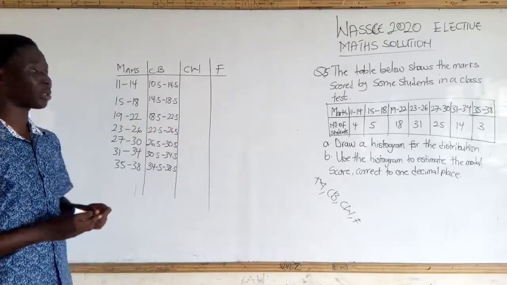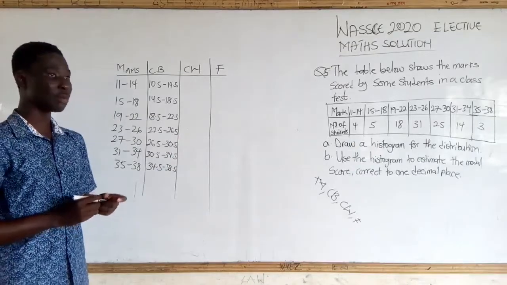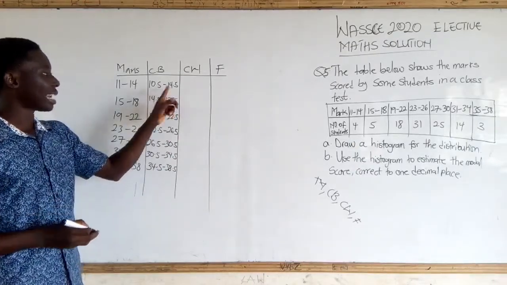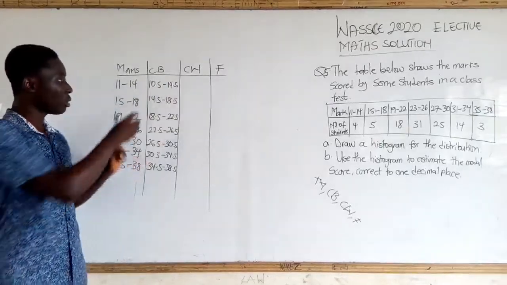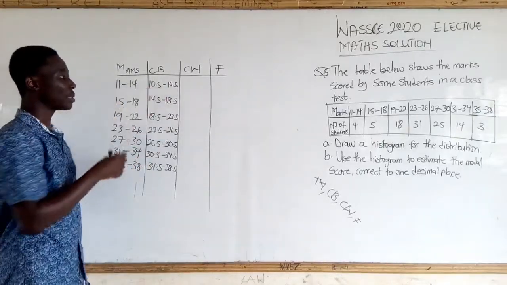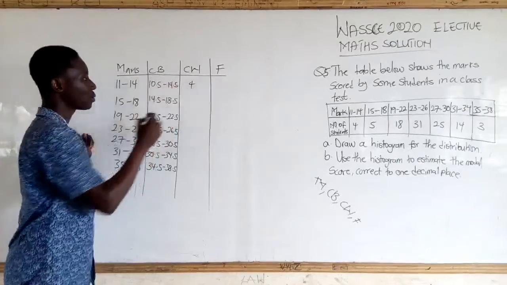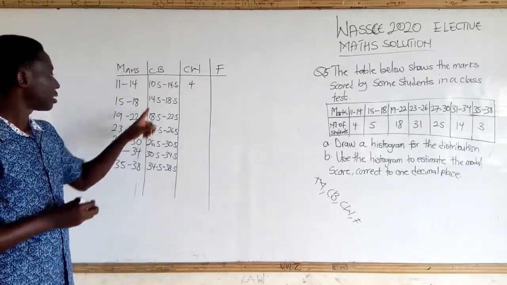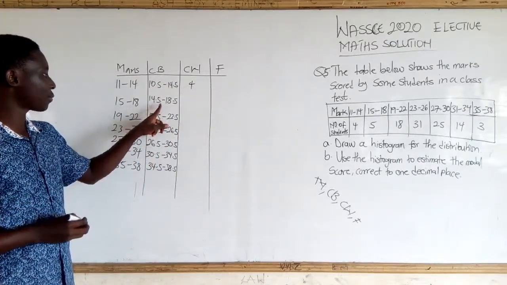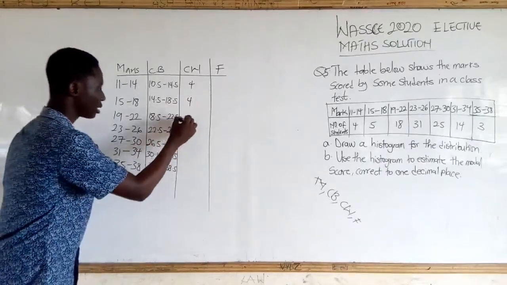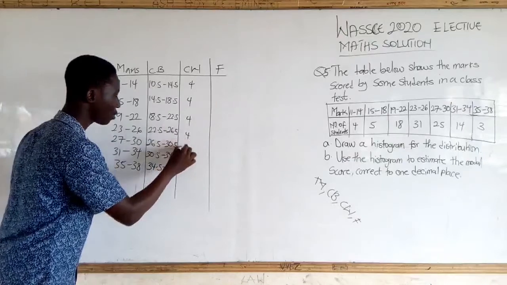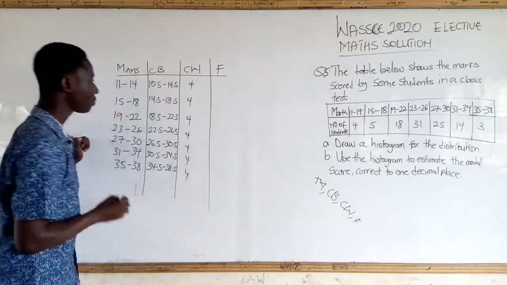Let's move on to the class width. The class width is determined by subtracting the lower boundary from the upper boundary. So when we subtract 10.5 from 14.5, we get 4. 14.5 from 18.5, we get 4. This one is also going to give us 4, and all of them give 4.